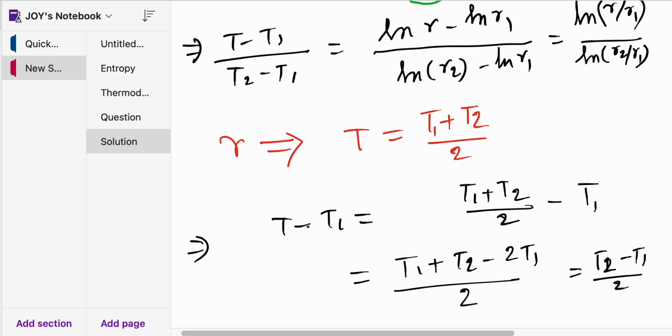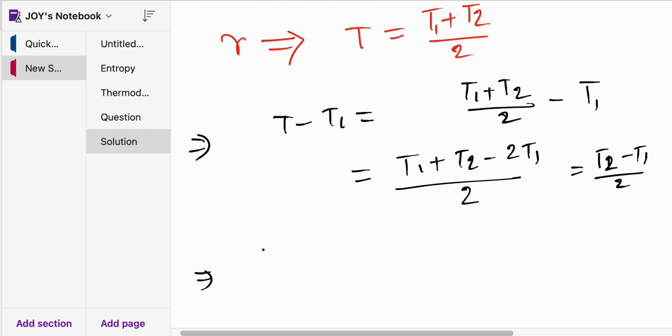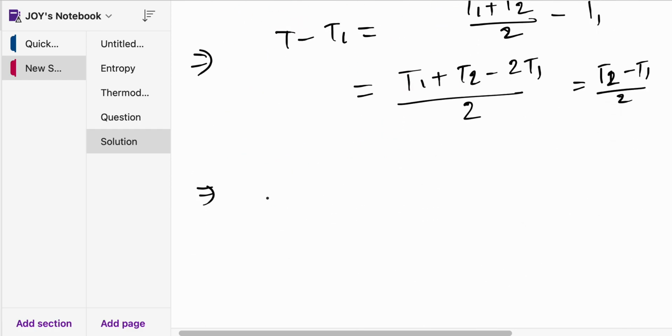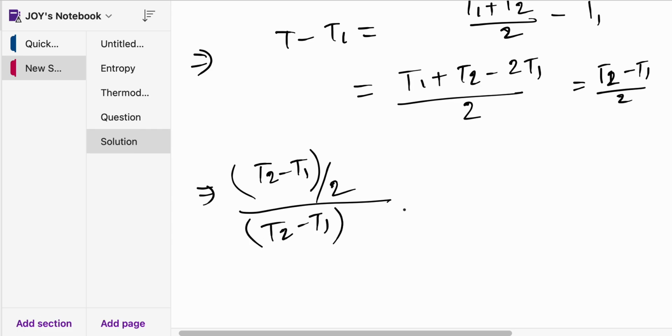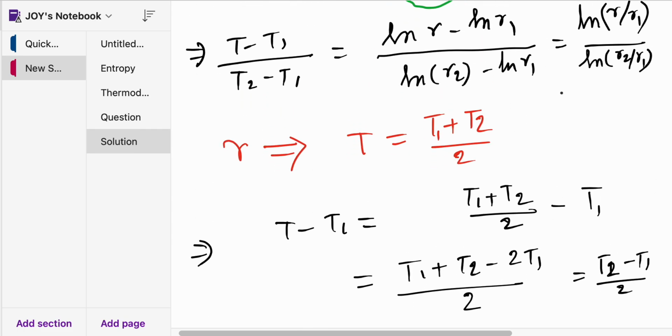Now if we put it there, we will get T2 minus T1 by 2 over T2 minus T1, and we have to extract this information.